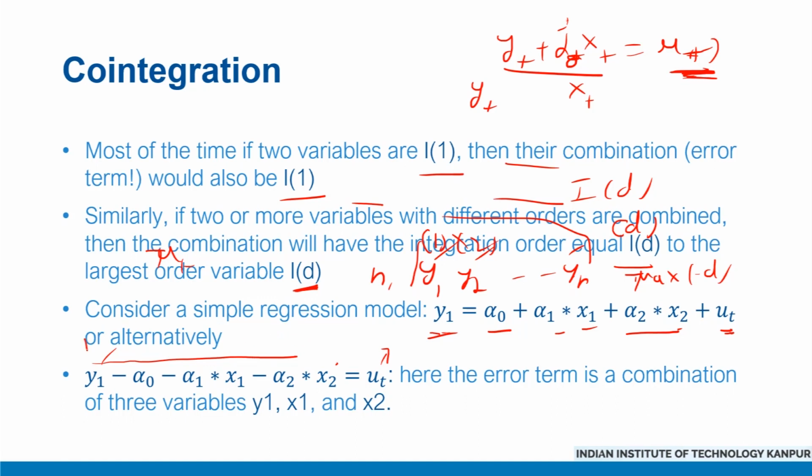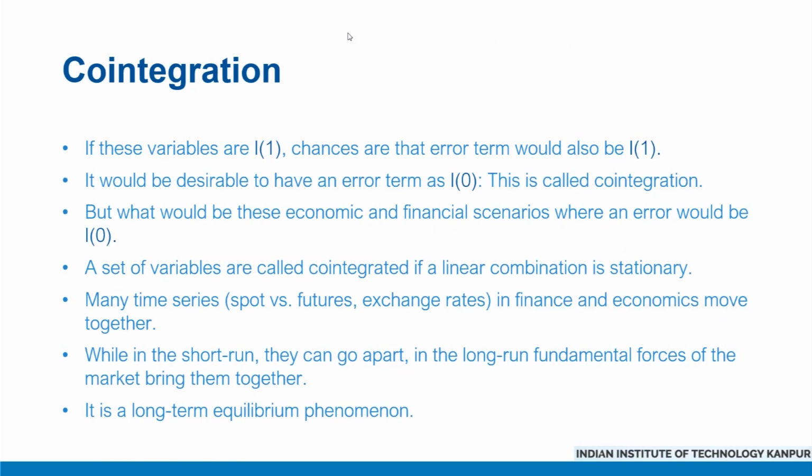For example, if y1 is integrated of order 1, x1 of order 2 and x2 of order 3, then in general mu t is expected to be integrated of order 3. Similarly, if all of y1, x1, x2 are integrated of order 1, then chances are that the error will be of order 1. However, it is desirable to have an error term that is of order 0.